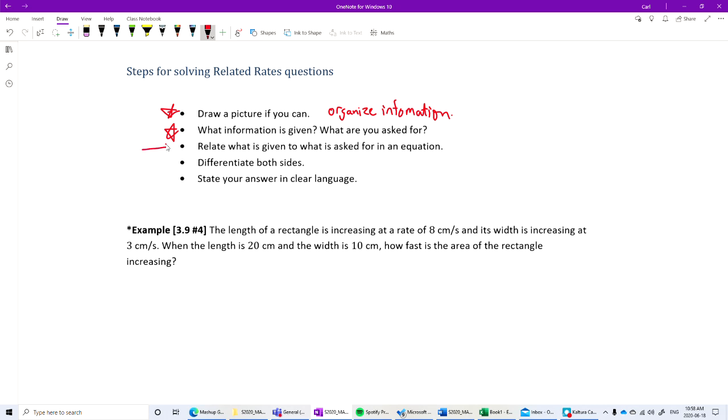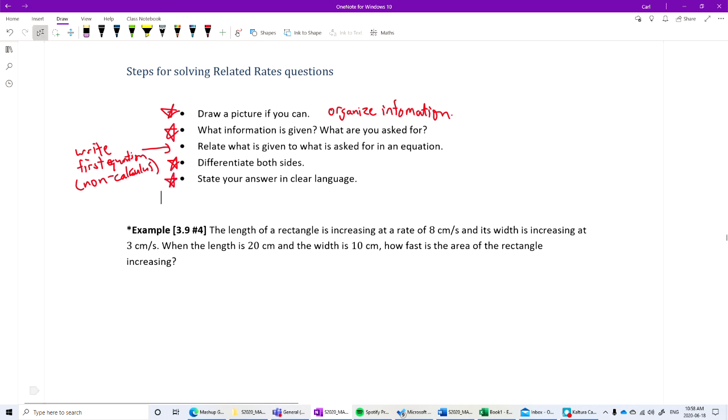This is the place where we write an equation. So we write the first equation that relates the variables together. This is a non-calculus equation, like it's just from geometry or from physics or from chemistry. And then we do the calculus part, which is differentiate both sides, and then we should write a sentence as our answer.